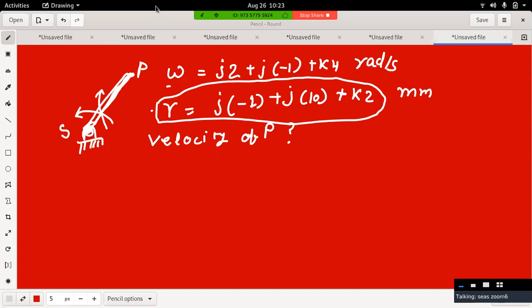Now we know that velocity V is equal to omega cross r.